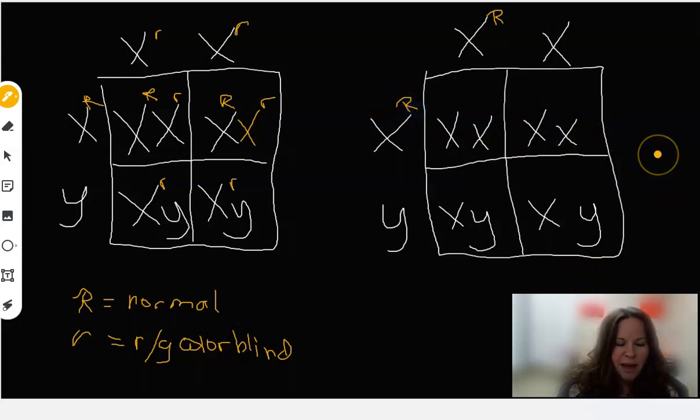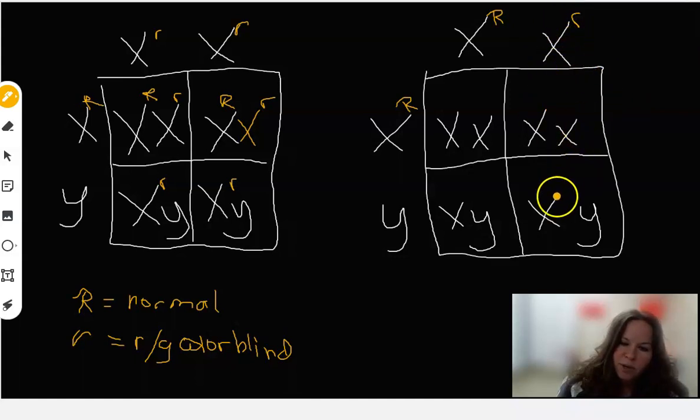But let's say that they have a son who is red-green colorblind. What must be the other letter that the female has, the mother? In order to have a male son who is red-green colorblind, she has to be a carrier or heterozygous of that recessive trait.